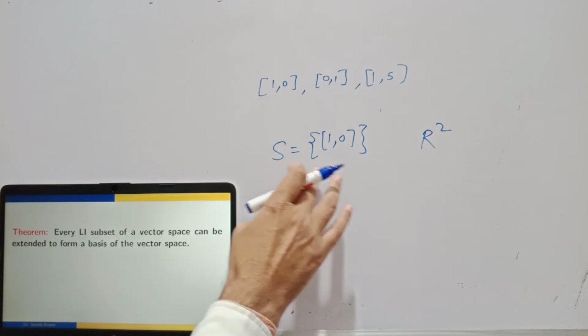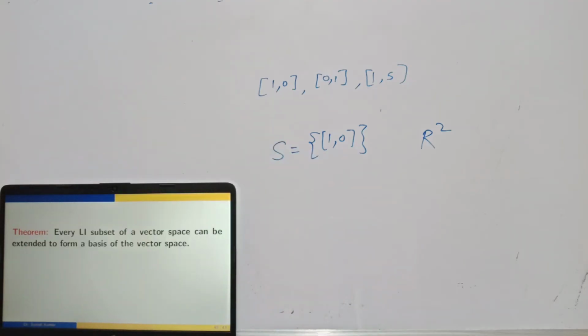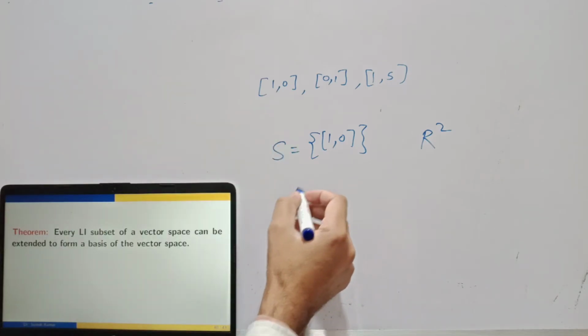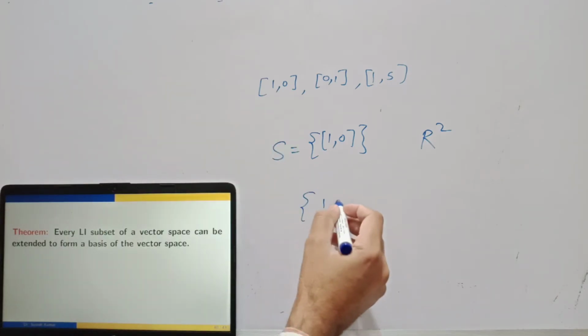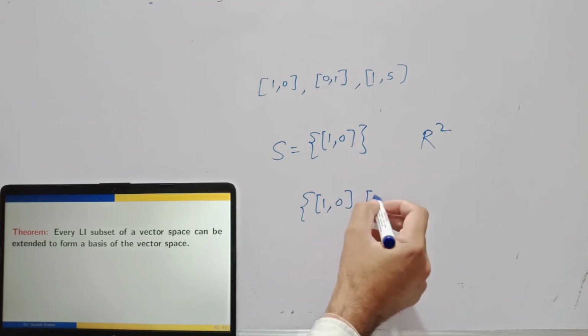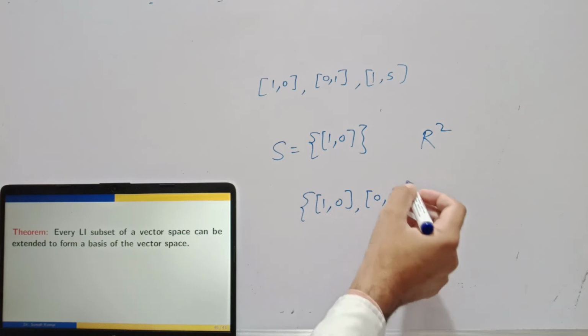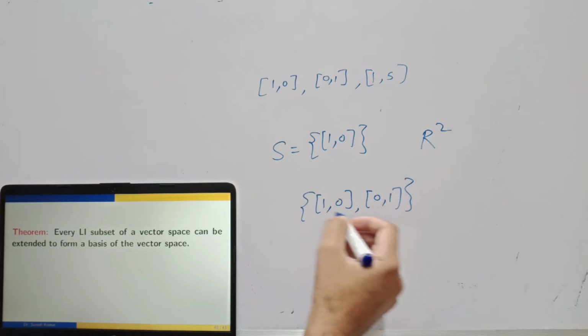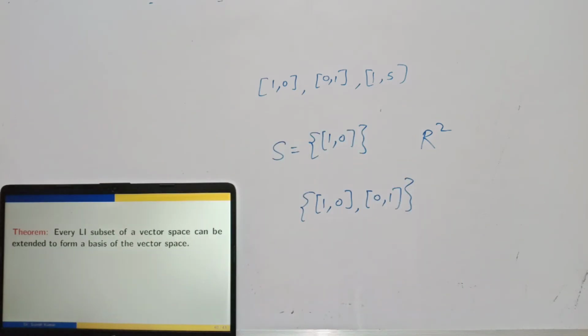Does it form a basis of R2? No, it doesn't. So we can add one extra vector to this set to form a basis. For example, I can add here (0, 1). I could add (1, 5) also. I may add any vector here so that this set is a basis of R2. Okay. So any linearly independent set can be extended to form a basis of the vector space. This is called the extension theorem in fact.